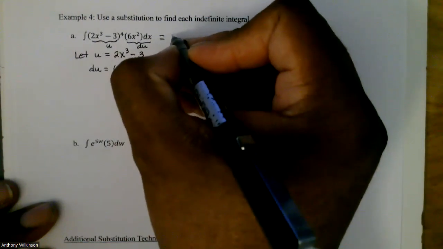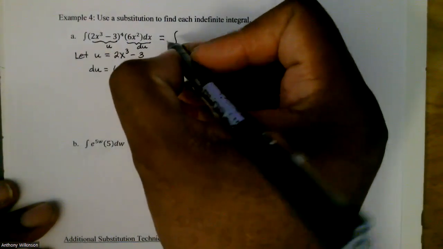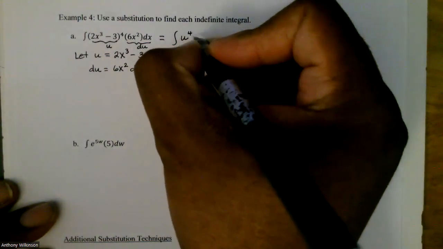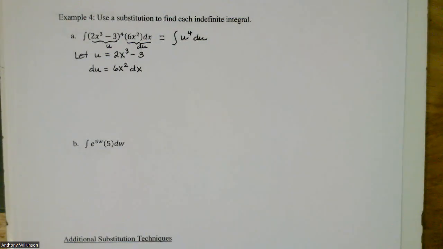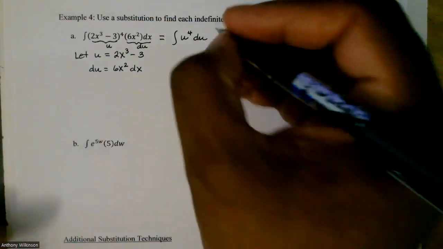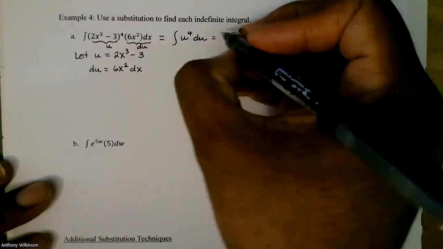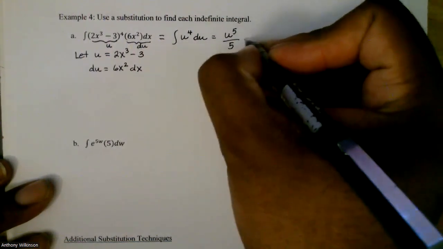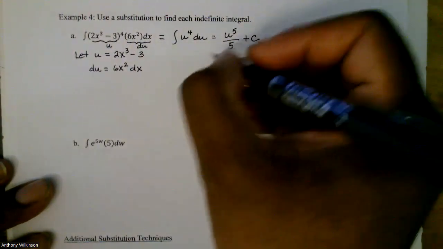So now using the appropriate substitution, I have the integral of u raised to the 4th times du. And just like in that last example that I just did, we increase the power by 1, so it'll be u to the 5th divided by that new exponent of 5 plus c.